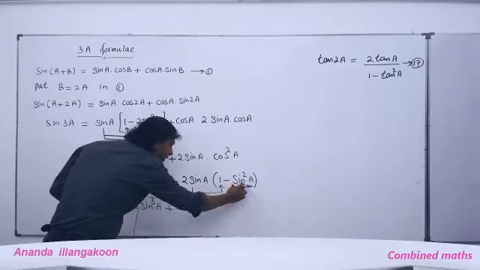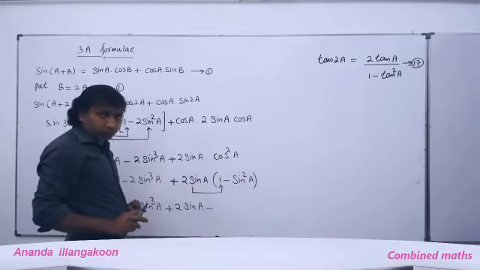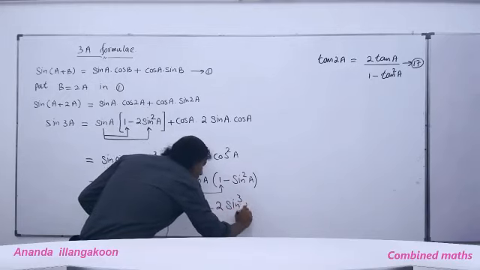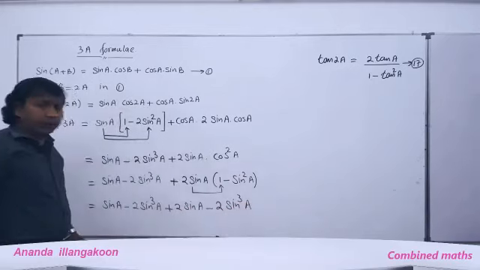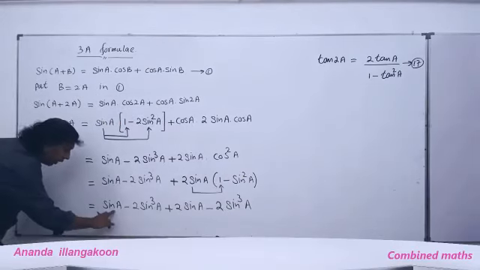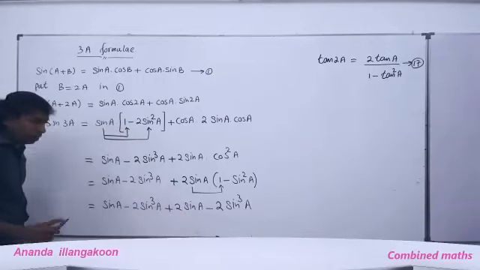Sin A into sin squared A is sin cube A, but here we have another 2. Then we get, people, 2 sin cube A. Now, this sin A and plus this 2 sin A, they together make 3 sin A.